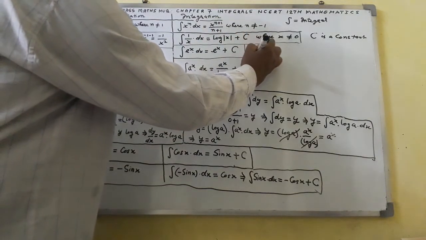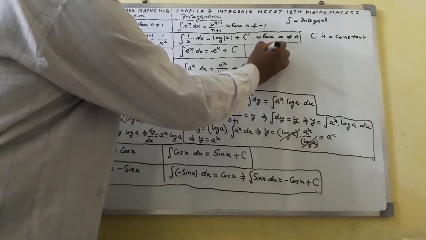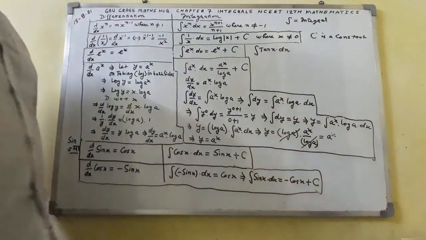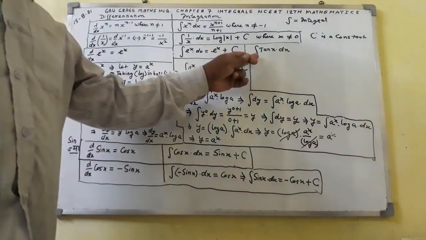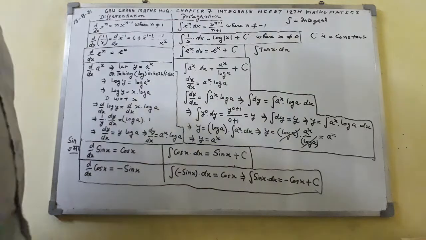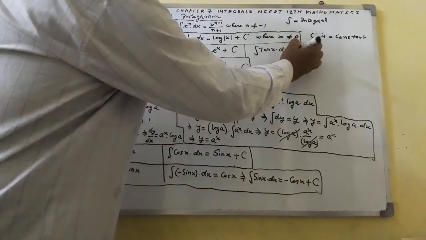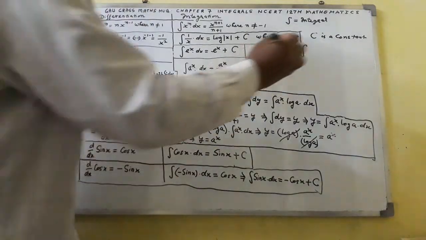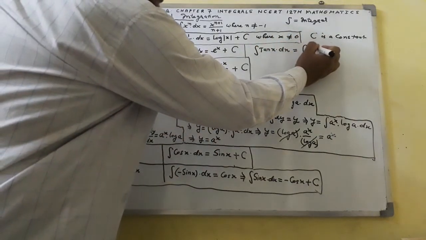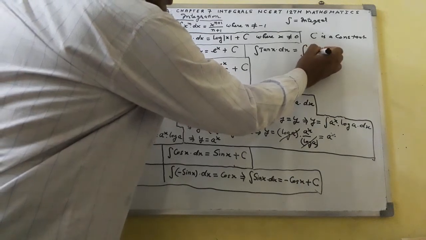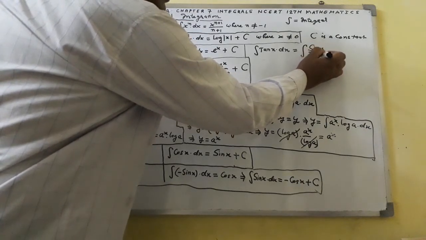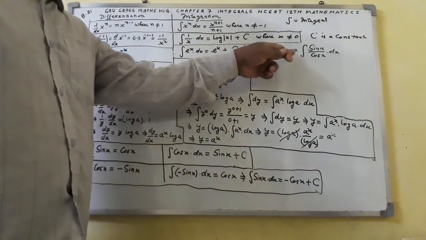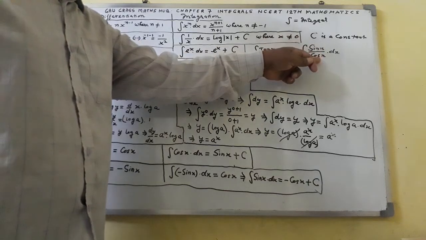We shall find out the value of integral tan x dot dx. So here I can write very well, integral tan x can be written as sin x over cos x dot dx.